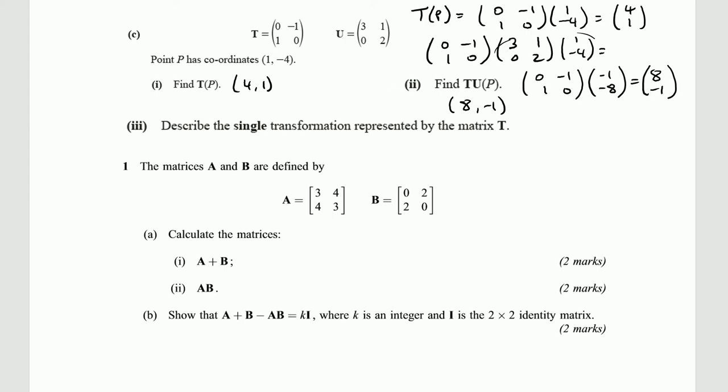Now I'm asked to describe the single transformation represented by the matrix T. Once again, if you've learned these, you can just write it down, or we can work it out as we go. Now we see in the first column of matrix T that the x vector, the (1, 0) vector, has been changed for a y vector (0, 1).